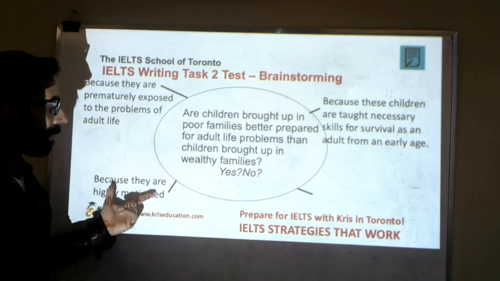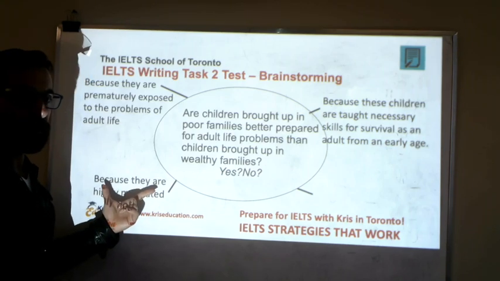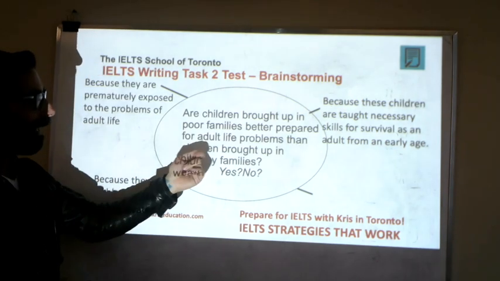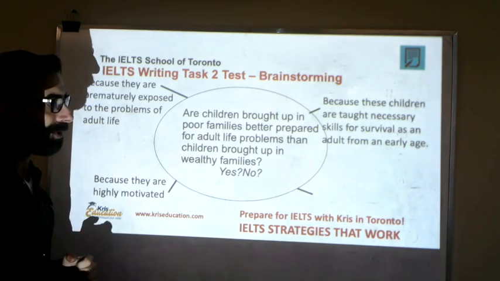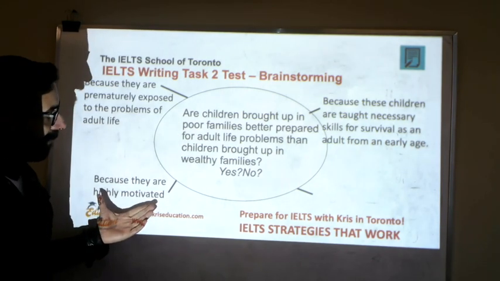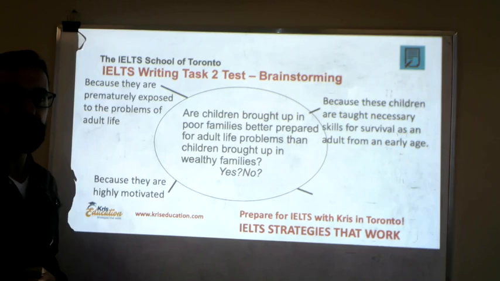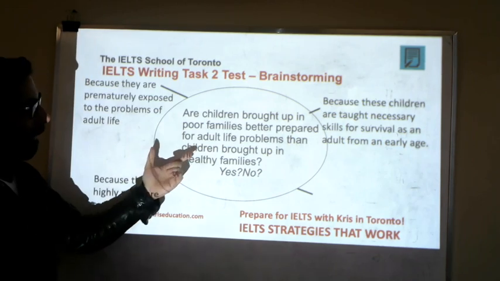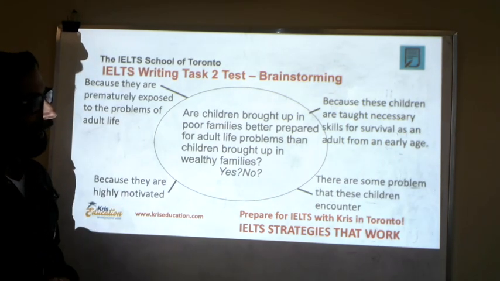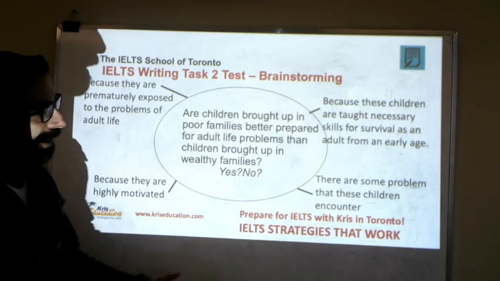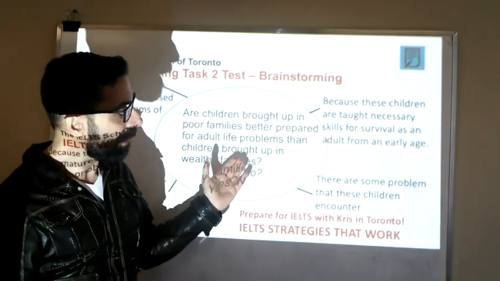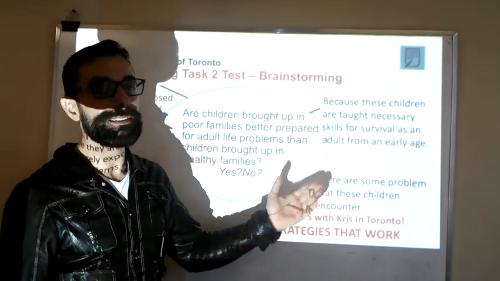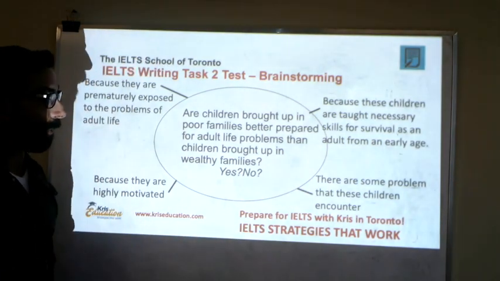They don't write sentences or thoughts that are connected to the question. And this sentence is clearly connected to the question. It is fully answering the question. And idea number 4, again, it is very relevant because it's clearly related to the question.